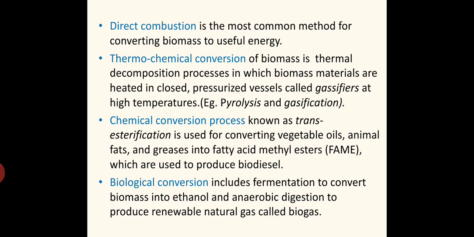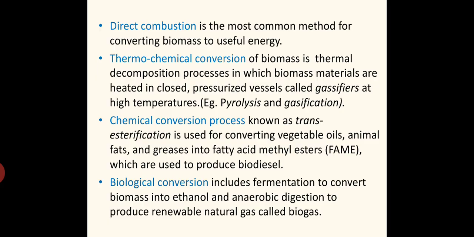Only a limited amount of oxygen is provided during this heating process. So finally we get a high grade energy product which is much better than the biomass that we used for the production. So the grade of energy will be changing. If the biomass is directly used for combustion, then the quantity of heat produced will be less.